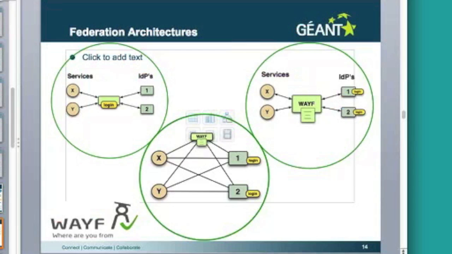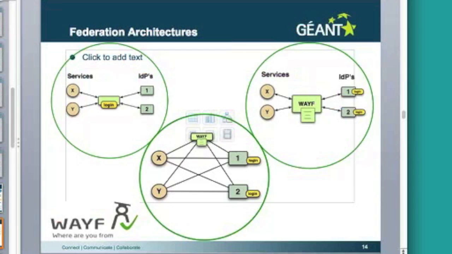So all authentication flows through the middle. This is a centralized hub and spoke federation. This is used in Croatia and in Norway, and I guess it's possibly most similar to the Facebook or Twitter model, but Facebook and Twitter only allow the login at the center. They don't allow that passing through to other identity providers.